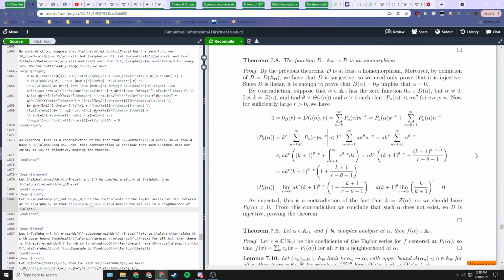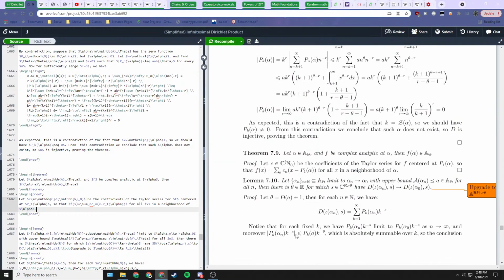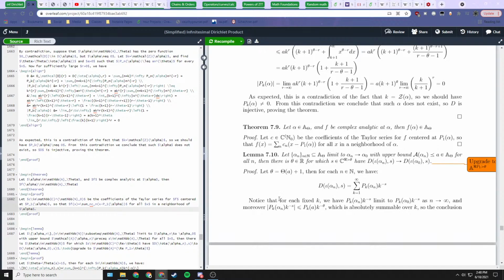I think we just have to put it in, don't we? Because all of the machinery is required for this to go smoothly.